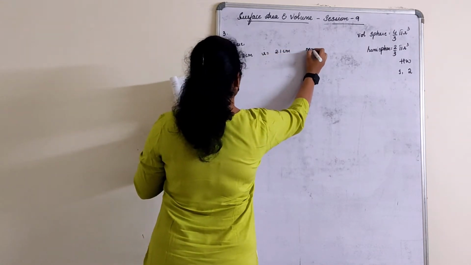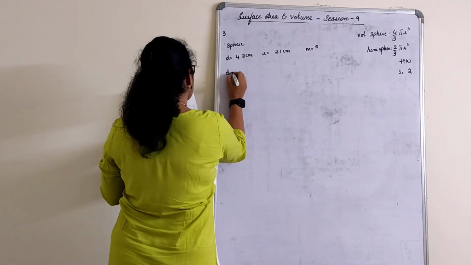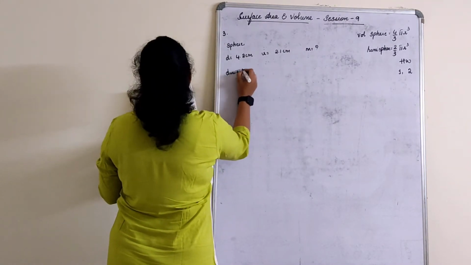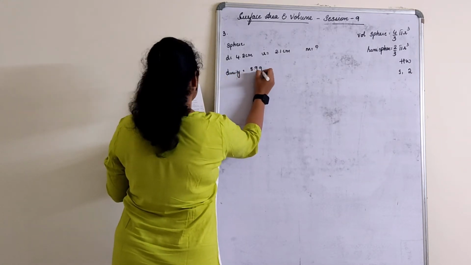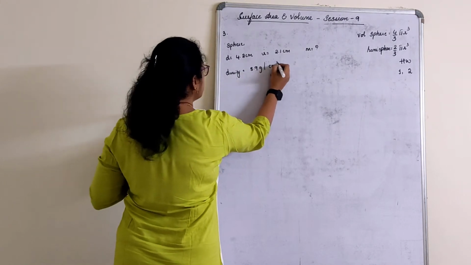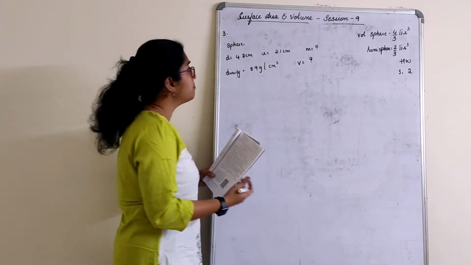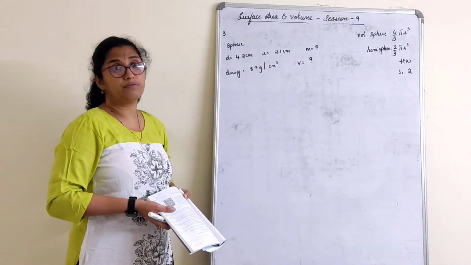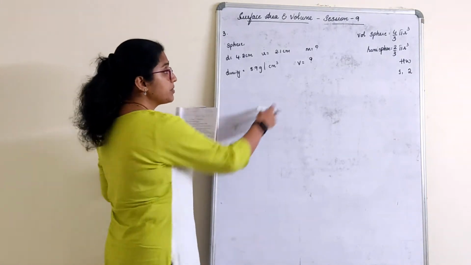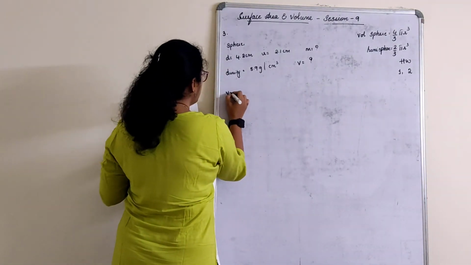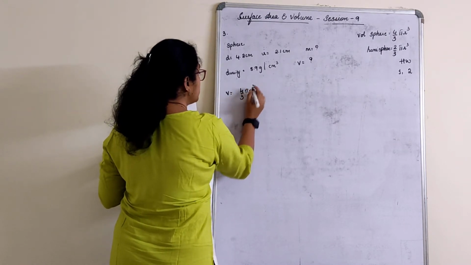What is the mass of the ball if the density of the metal is 8.9 gram per centimeter cube? If the density is given, you have to find the mass. First you have to find the volume, because density is equal to mass by volume. That formula we will use here. Volume of a sphere is equal to 4 by 3 pi r cube.